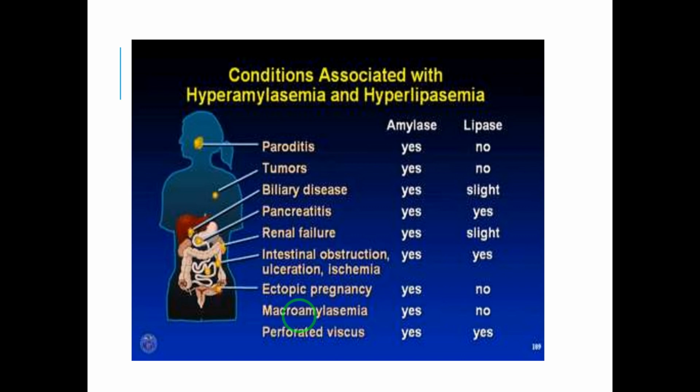In other conditions, for example in case of renal failure, we will see that the other marker of renal disease is increased in addition to the high amylase. So we may think that the increase in the amylase is due to renal failure rather than inflammation of the salivary gland or acute inflammation of the pancreas.